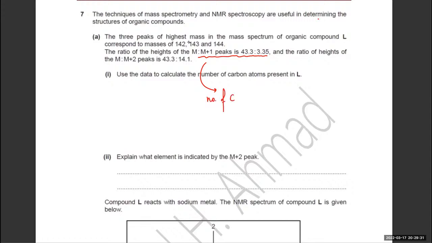The formula is 100 over 1.1 into M+1, which is 3.35, divided by the M peak, which is 43.3. Is that clear? Can you do the math and tell me the total number of carbon atoms?